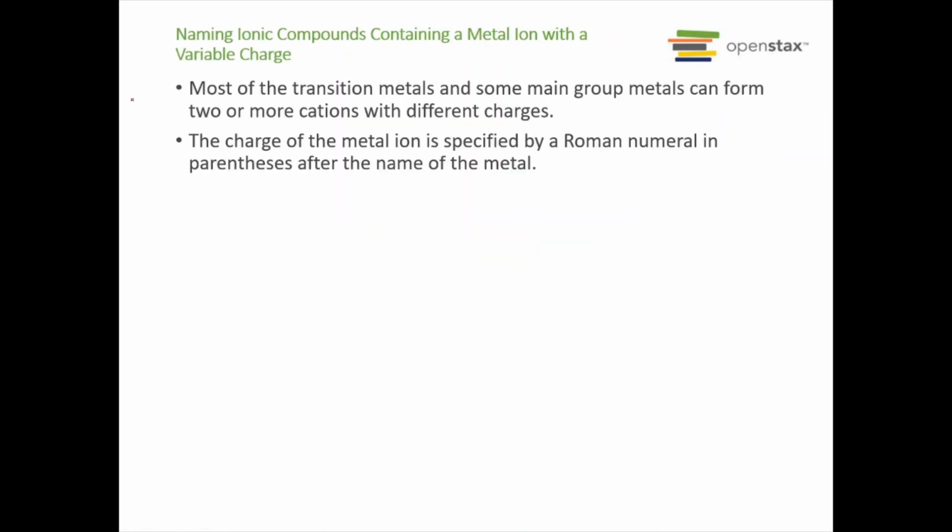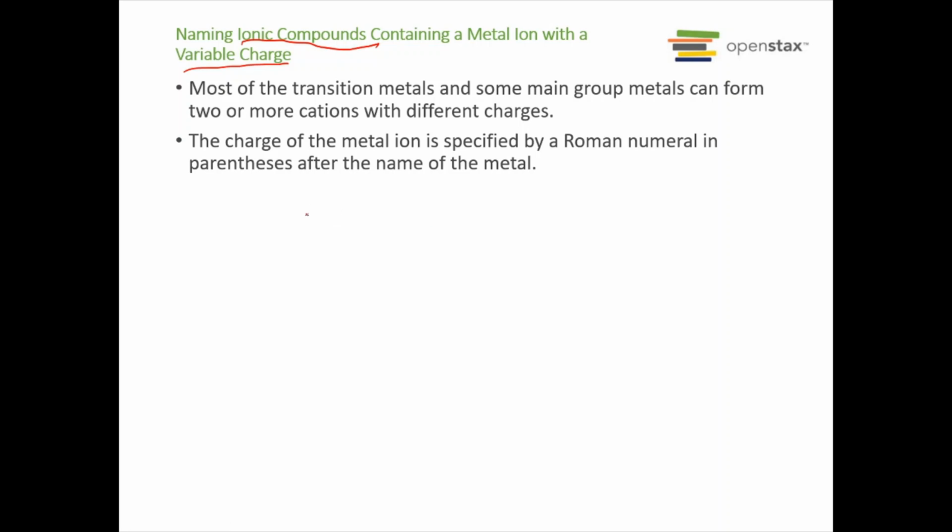Let's look at what happens when we have an ionic compound that contains a unique metal ion that has a variable charge. Now, if you remember back to last year in chemistry, you may have received a periodic table of ions that you used either to study from or used during class.